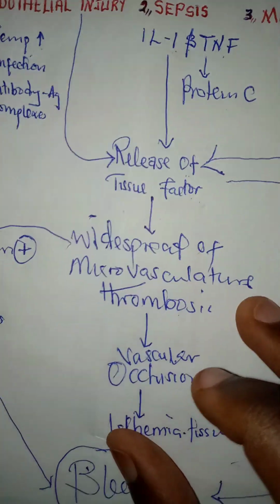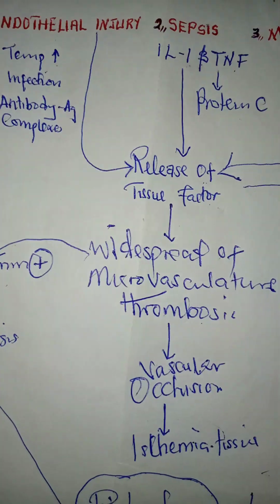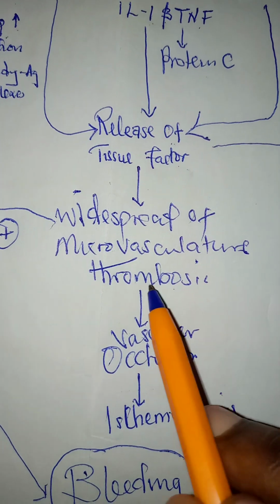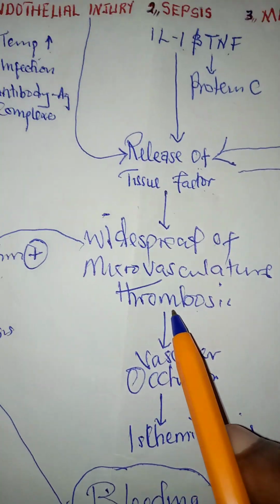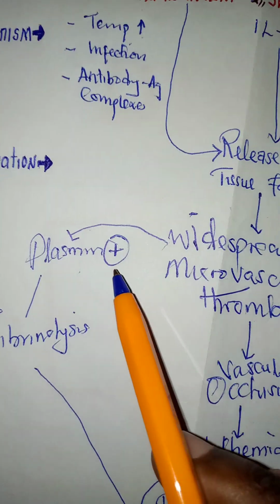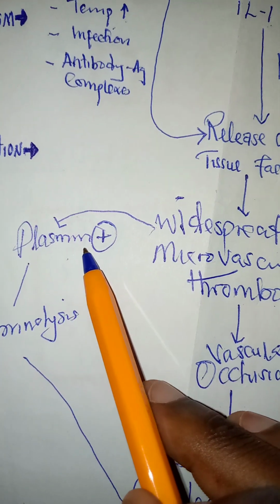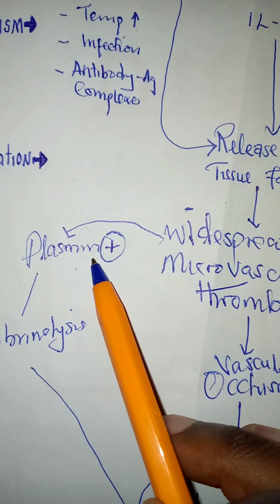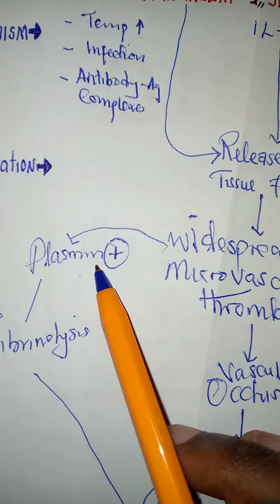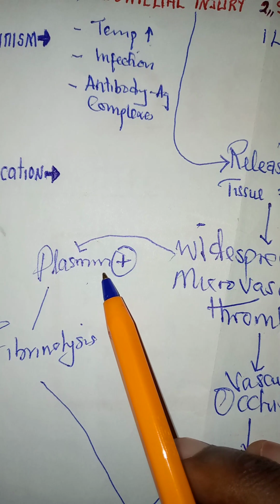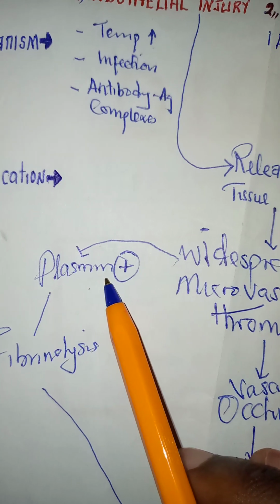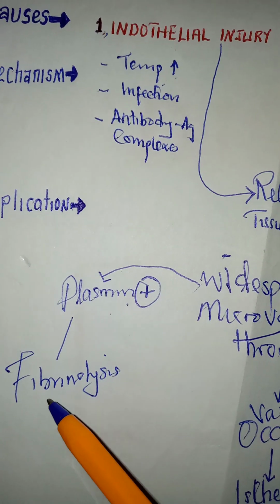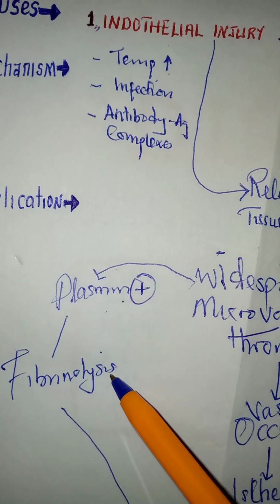Okay, so another complication is that if we have widespread microvasculature thrombosis, this will basically lead to activation of plasmin. Now plasmin, once activated, is capable of breaking down fibrin in the process called fibrinolysis, right?